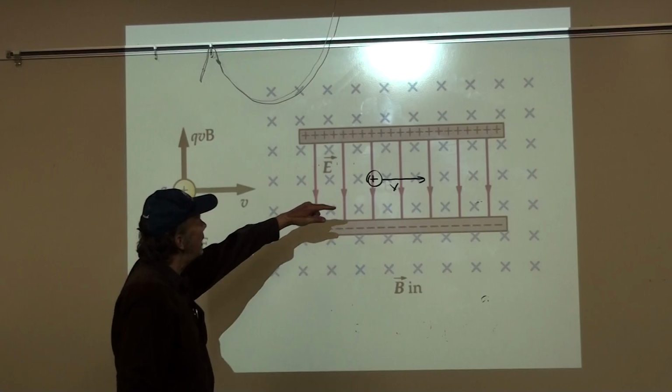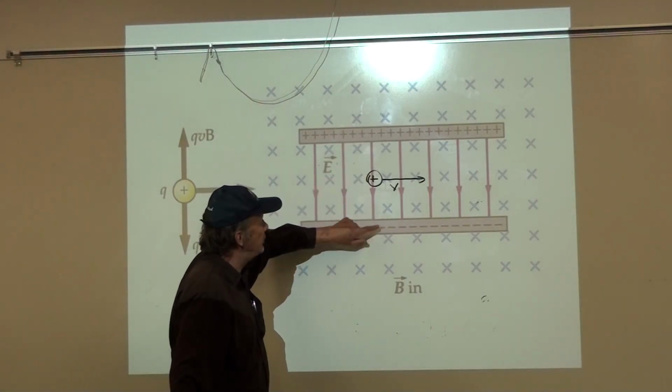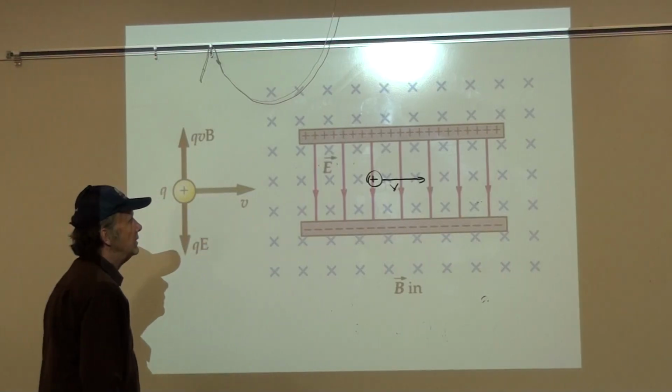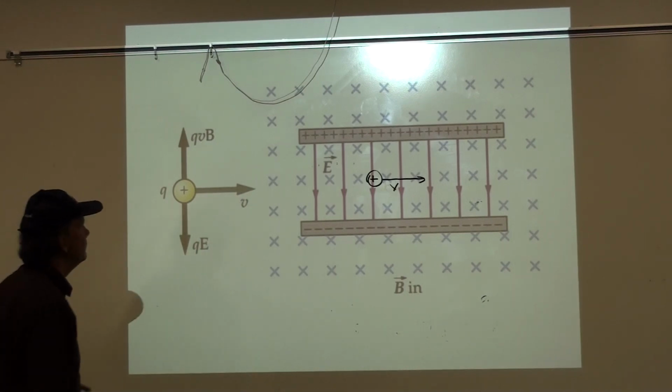Okay, if it went up, then wouldn't it be attracted toward positive and repelled from negative? So the first thing I look at is not the direction of the electric field, but rather is it going from positive to negative or negative to positive? Then I don't ever make a mistake like that.